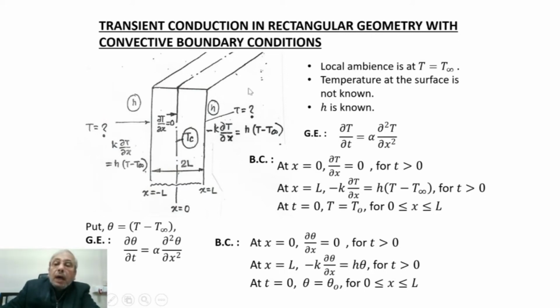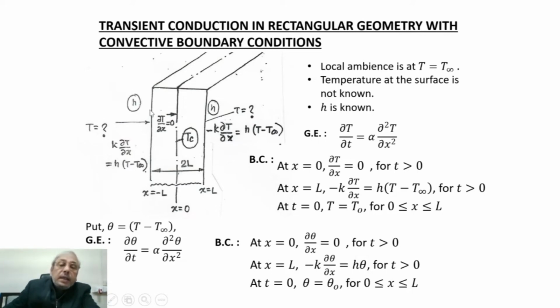Now, the local ambience is at a temperature T infinity, and the temperature at the surface of this slab is not known, but the film heat transfer coefficient h is known.